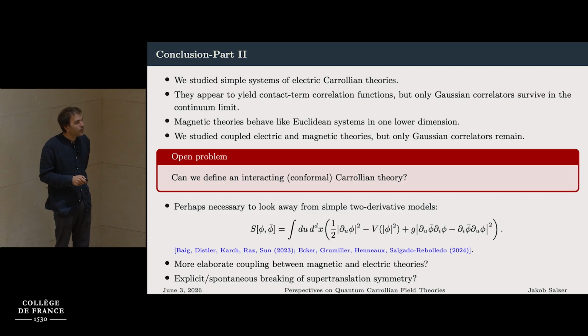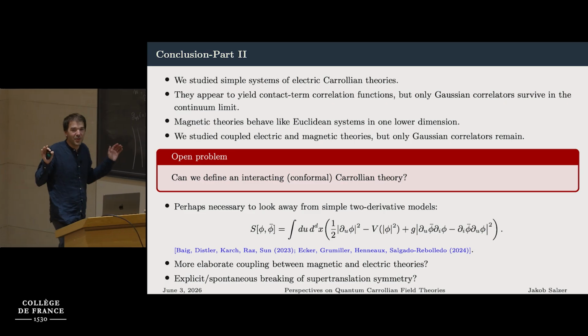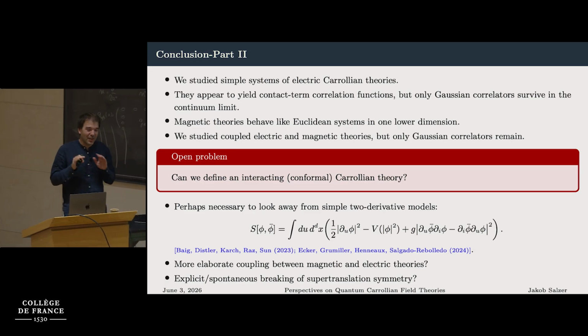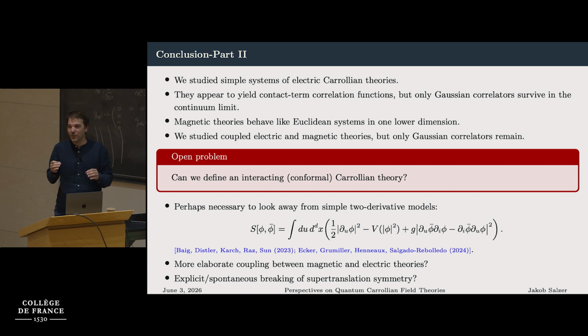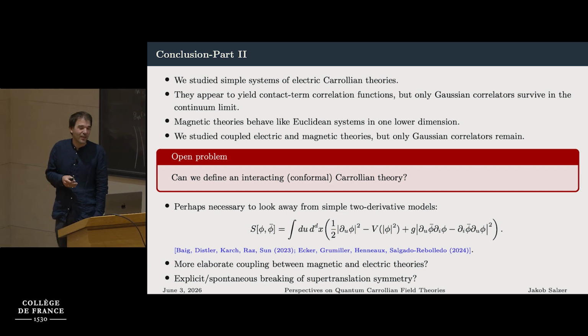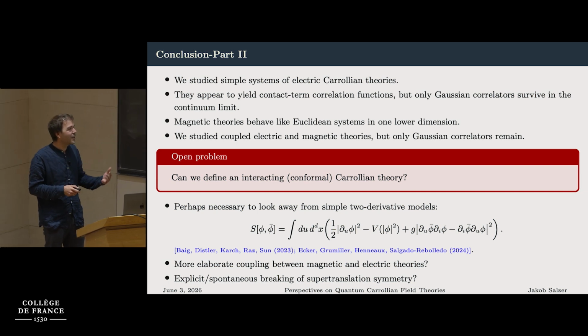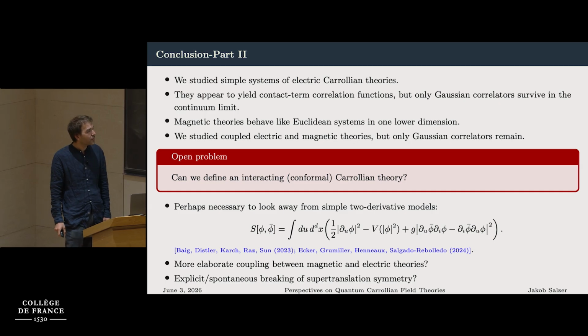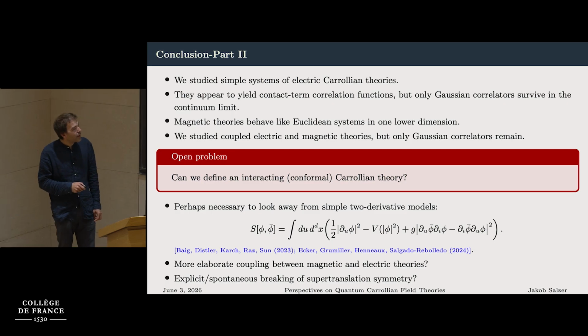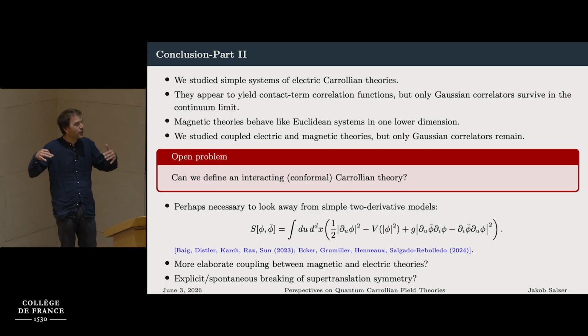So let me give you some ideas where we might want to look. First of all, we looked at only very simple theories. The theories we looked at are the simplest ones that you can imagine. We coupled these theories together, which is a bit less simple, but still rather simple. Maybe we have to consider more intricate models. For instance, this one looks very interesting. This model actually came up from 2 papers coming from 2 different directions.